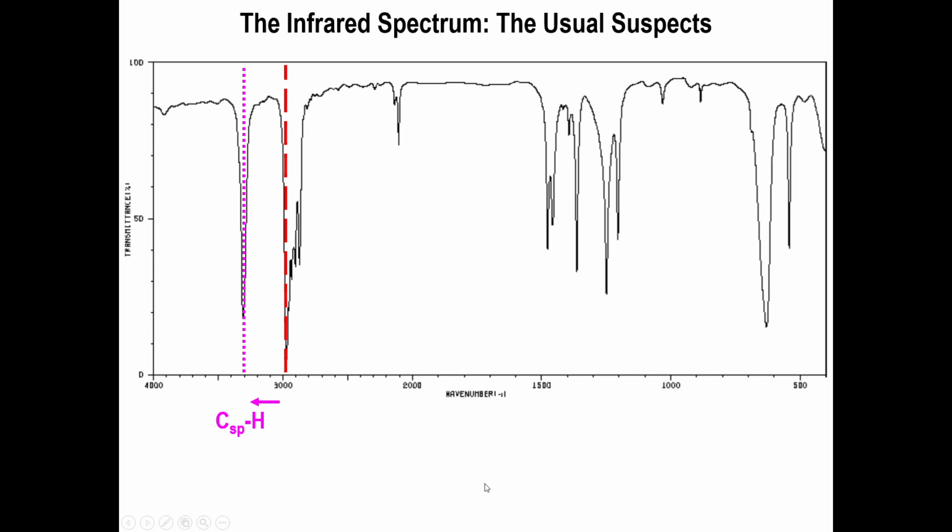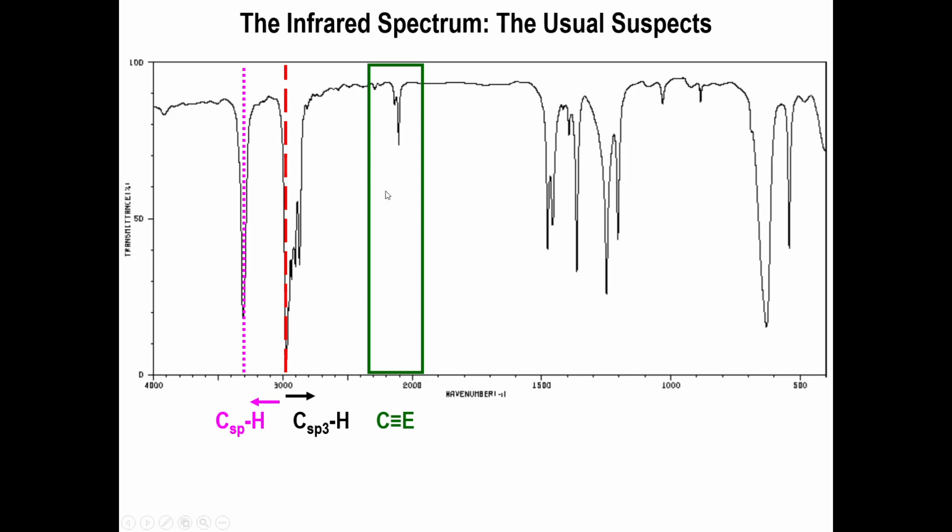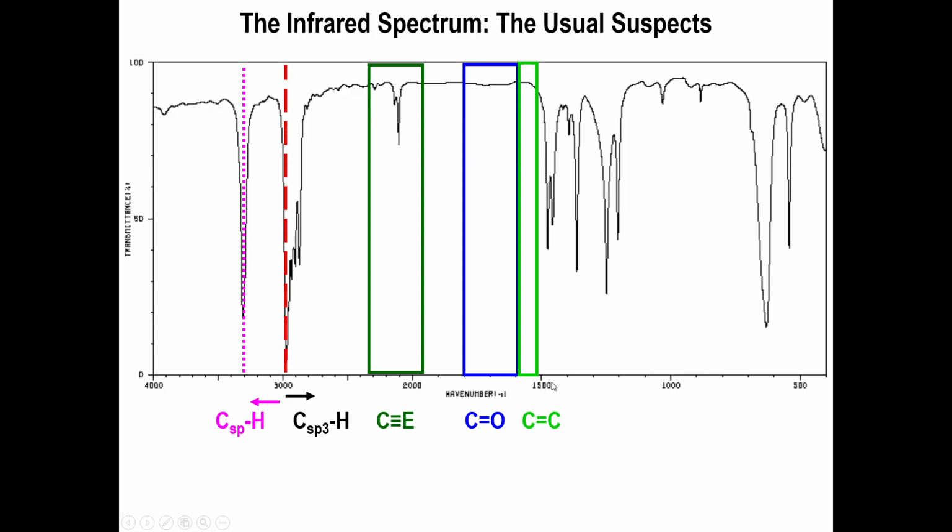Now, another thing to point out is that if you do have an alkyne, you do have triple bond signatures present in the molecule, and typically your carbon-carbon triple bonds and carbon-nitrogen triple bonds are going to show up in this region of 2000 to 2300. After that, between 1600 and 1800 is where you're going to find your carbonyl peaks, and slightly below that, from 1500 to 1600 is where your carbon-carbon double bonds tend to show up.